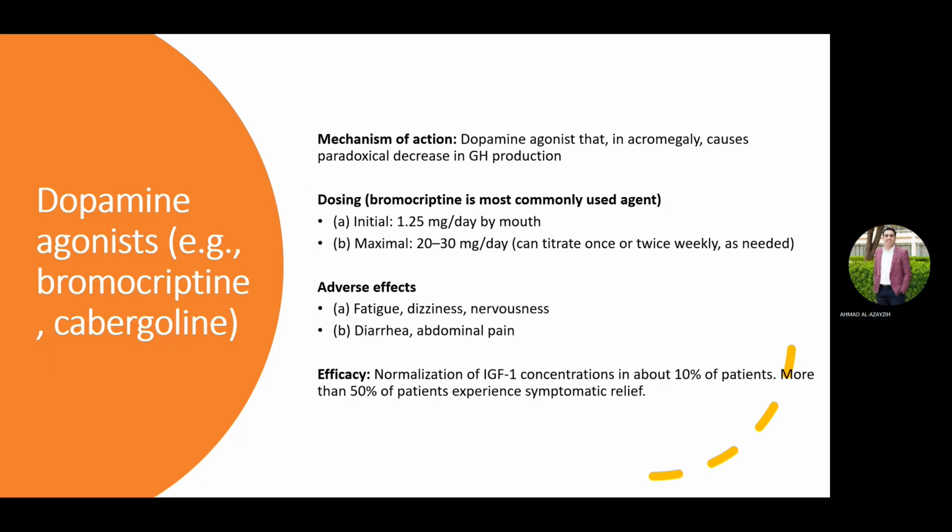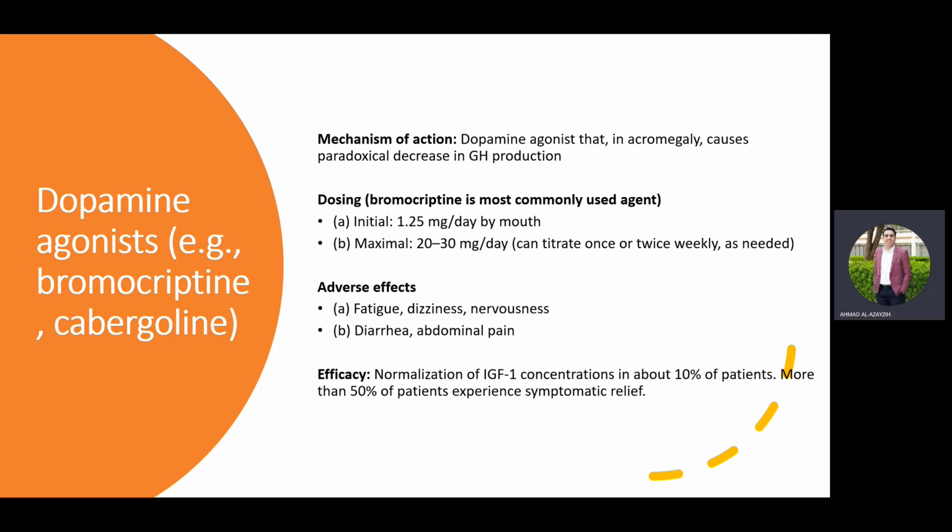Here, the first pharmacological option we can use for acromegaly is dopamine agonists, for example bromocriptine and cabergoline. Mechanism of action, simply speaking: when you have a dopamine agonist drug, this will decrease the level of growth hormone in these patients. Dosing, of course, we need to remember dosing for all the agents we will cover in this lecture as well as the previous lectures.